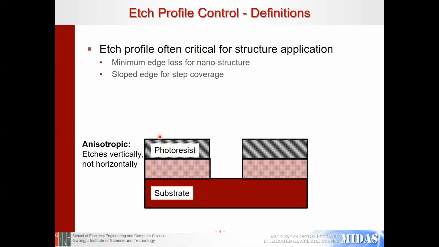Here I have shown the case which I am going to define: the anisotropic etching edge profile. In the anisotropic edge profile, we have typically vertical etching and no horizontal etching, and it completely replicates the mask in the film.